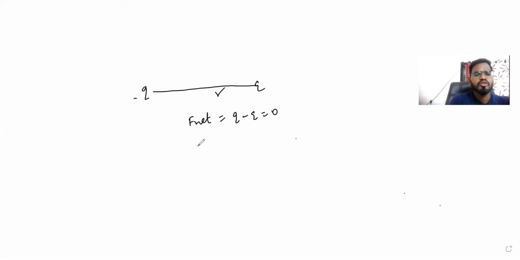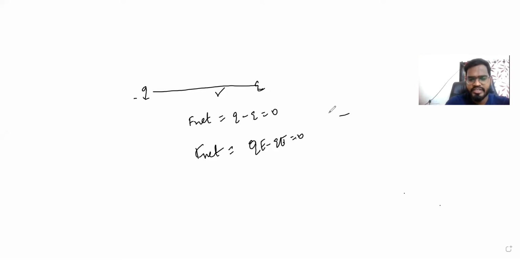So we can say net force is also 0, plus qE minus qE is 0. The main thing we are supposed to learn here is dipole moment. Dipole moment is the product of either charge and the distance between them.